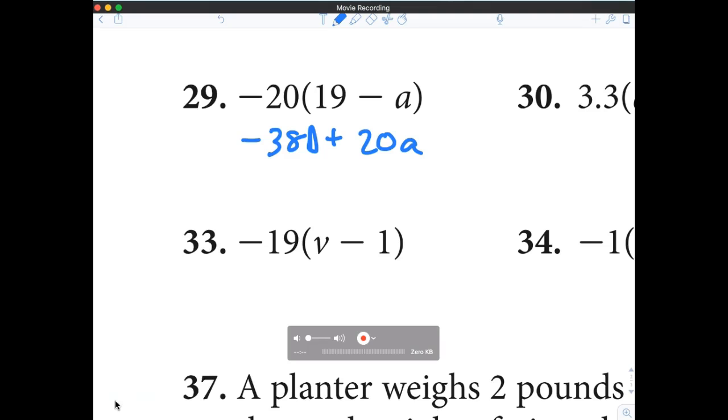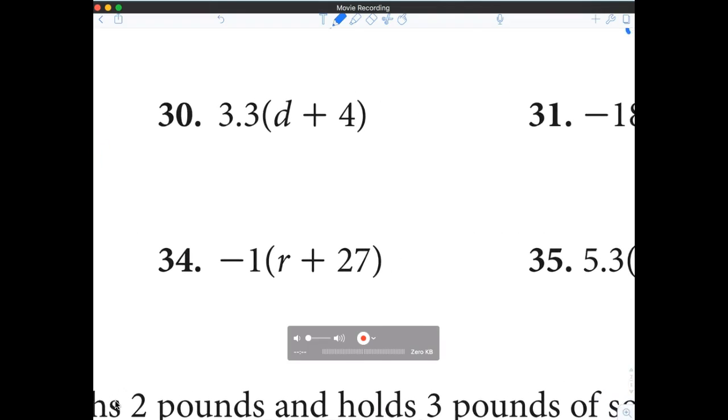All right, 30. Cole. So 3.3 d. Good job. And then times 3.3 times 4. Very good. Plus 13.2. Now remember what I'm telling you guys. I really want it without a calculator.